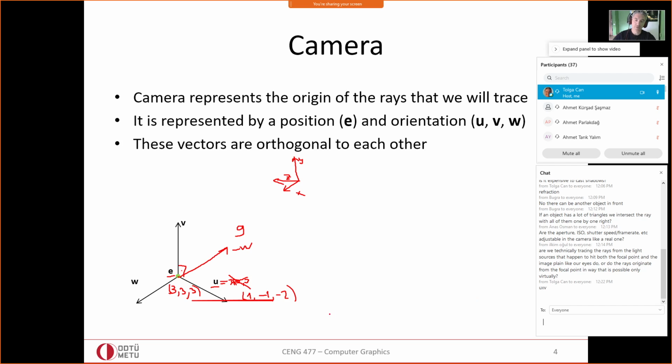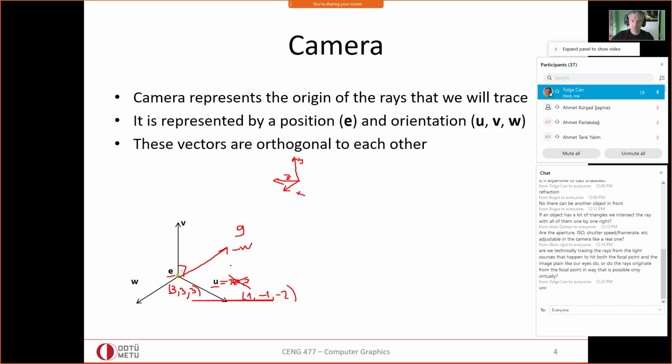If you do u cross v and with your right-hand rule trace the angle from the u vector to the v vector, you'll see that you get the w vector. By convention, and this is true in OpenGL as well, we assume that our looking direction is the minus w vector. Given a camera like this, we are looking in the minus w direction.